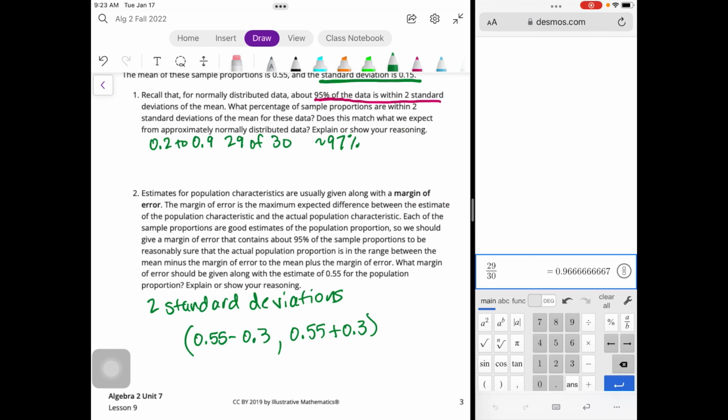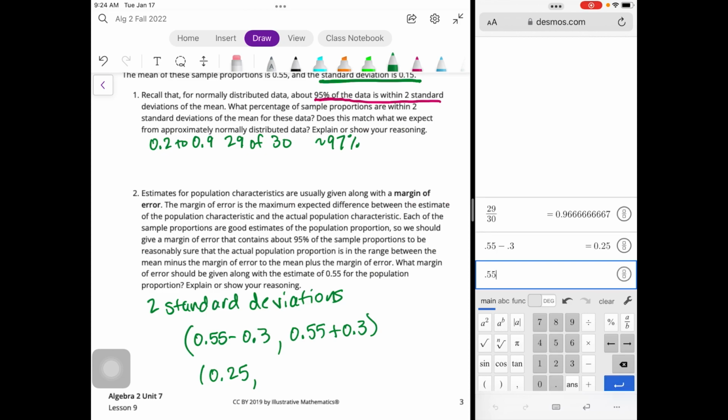So we have 0.55 minus 0.3, which gives us 0.25, and 0.55 plus 0.3, which is 0.85.